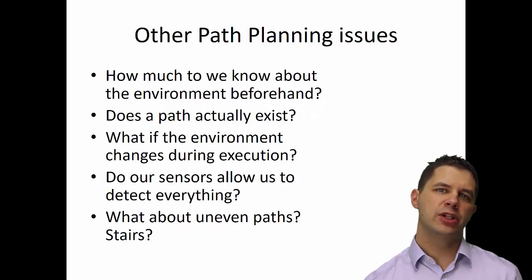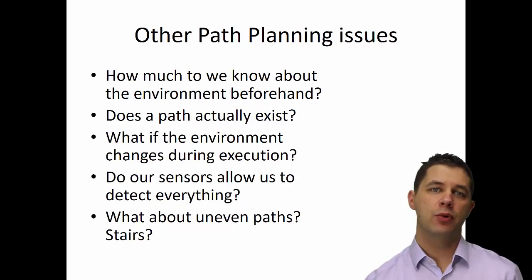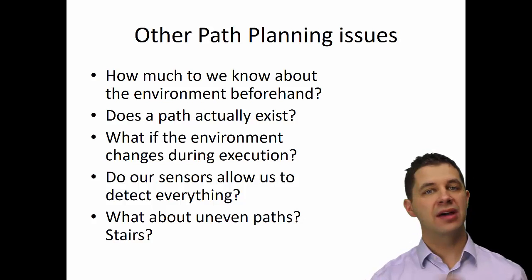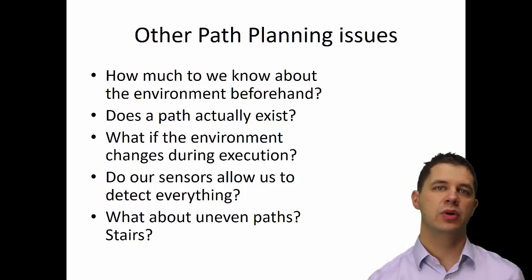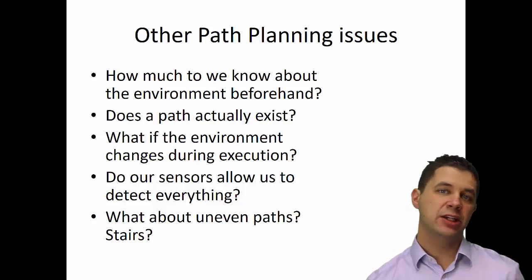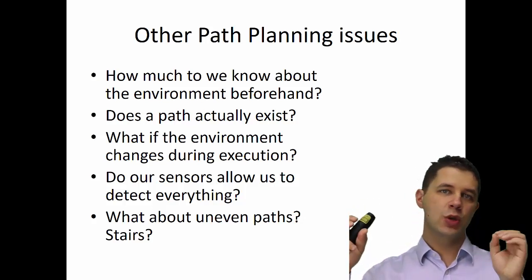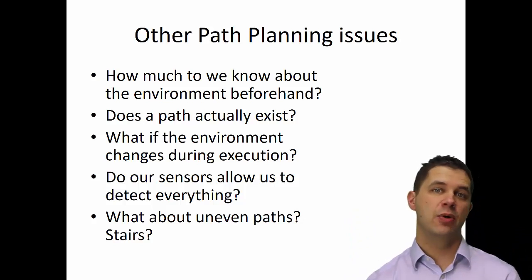And we have a number of other issues associated with it as well. For example, how much do we actually know about the environment beforehand? Do we have a complete map, or do we know nothing whatsoever about it, or is it something in between? Do we have an old map maybe? Does a path actually exist? So we want to get from here to here, our current position to our target position, but is it actually possible?